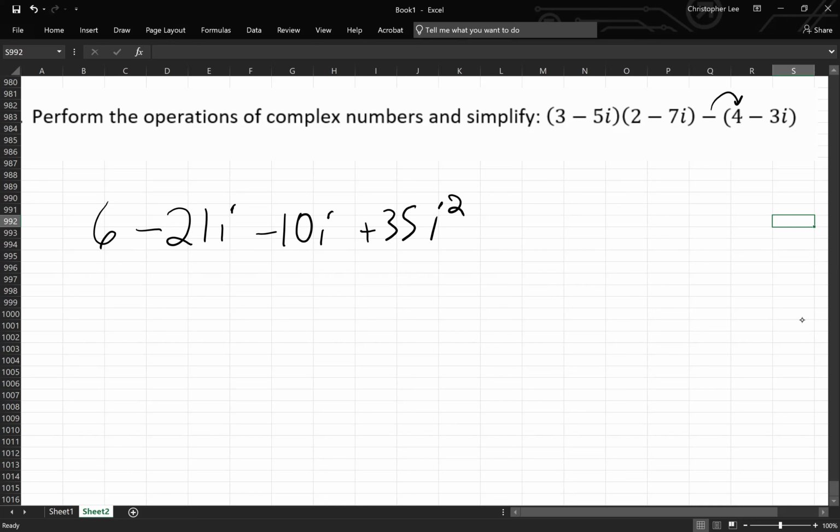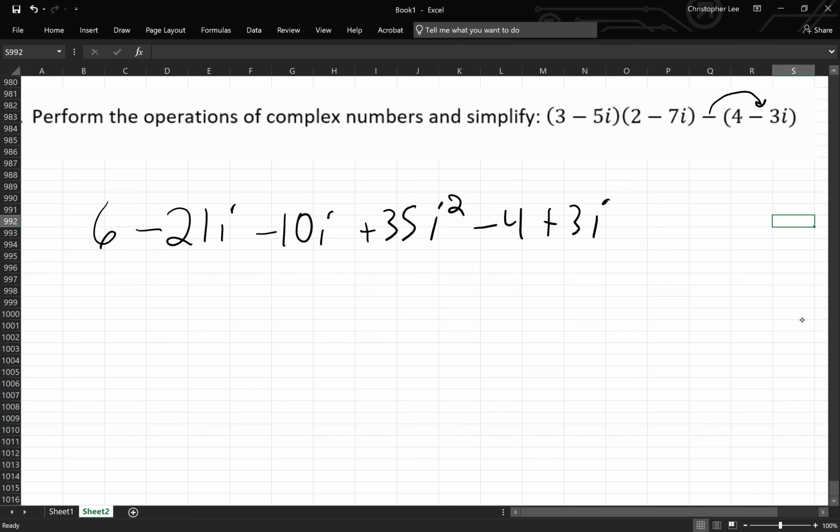And distribute the negative: minus 4, and then, last one, plus 3i. Did I lose anybody? Everybody's good with this? We're just distributing twice, right?